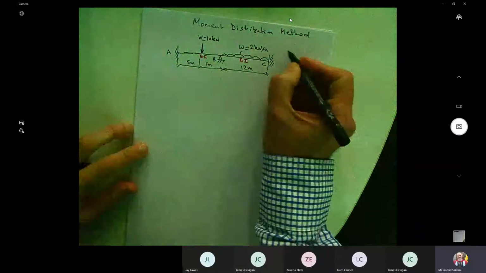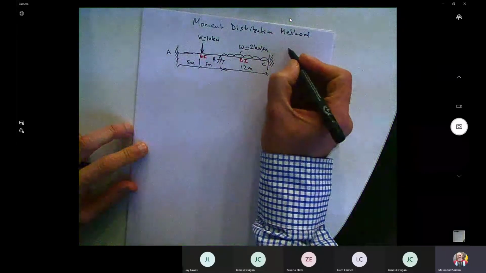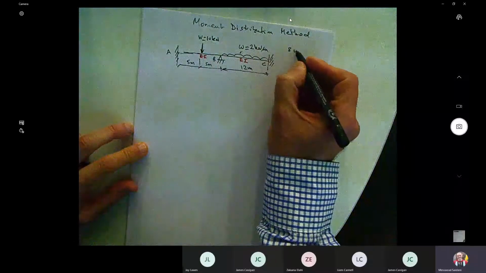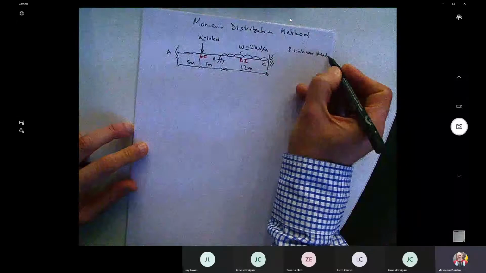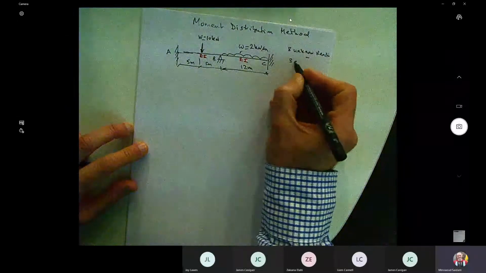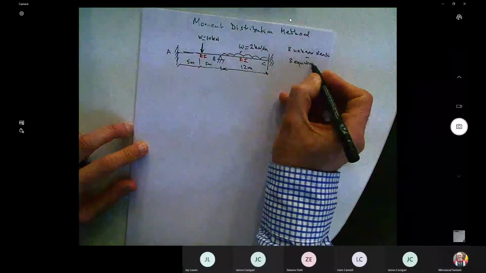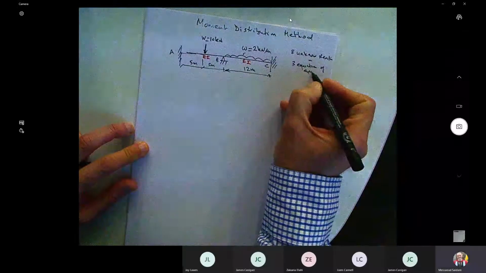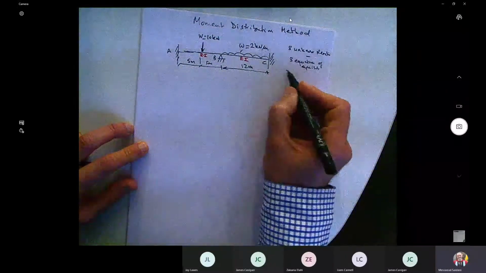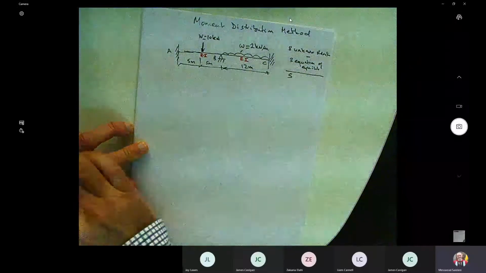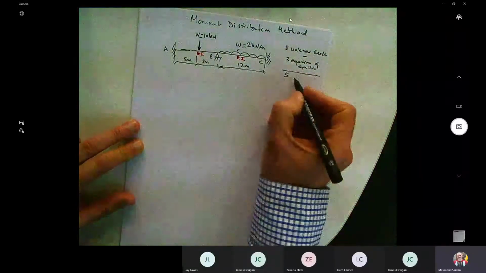So we have 8 unknown reactions minus 3 equations of equilibrium, 5, which is the degree of redundancy.